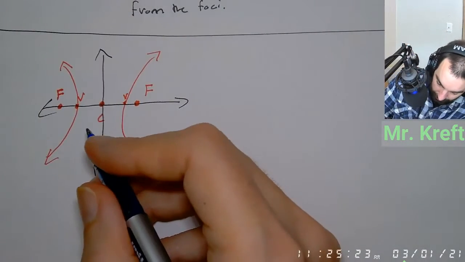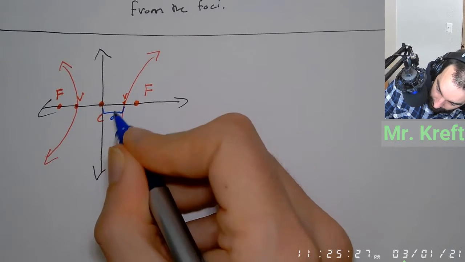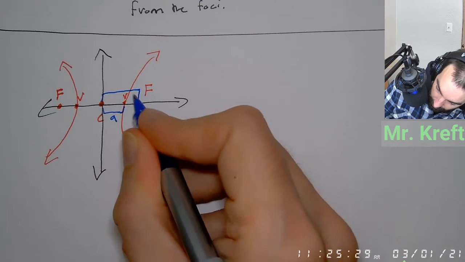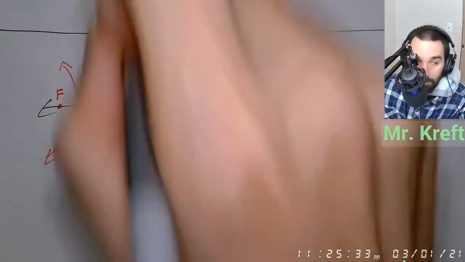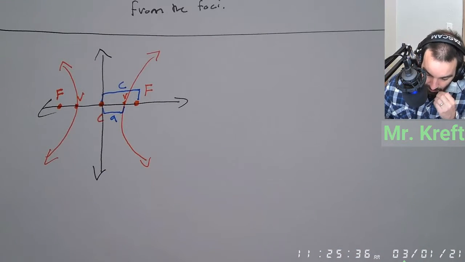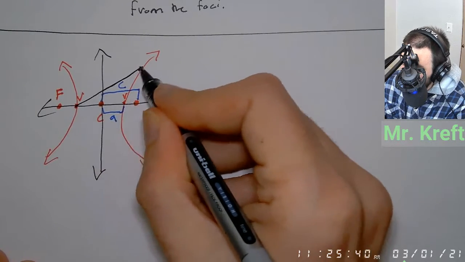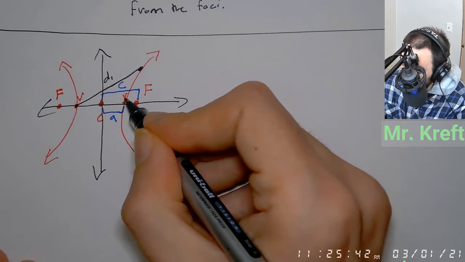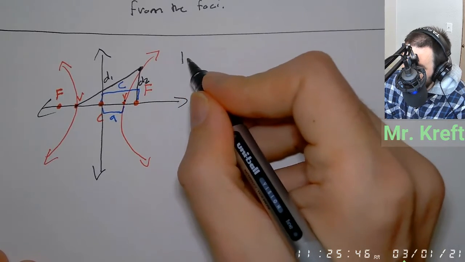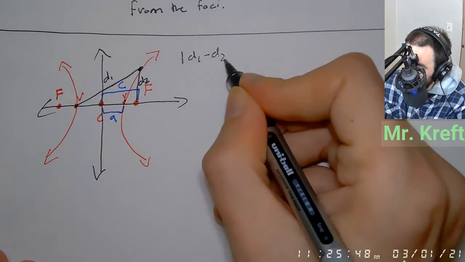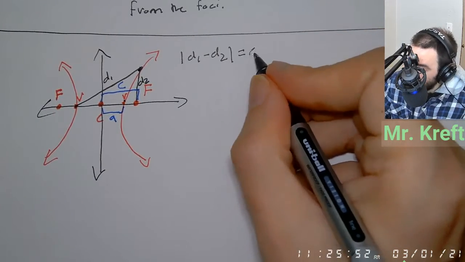If I identify some key things here, the distance from here to here is A, and the distance from here to here is C. And what we're saying is, if I pick some random point here, and this is D1 and this is D2, then the absolute value of D1 minus D2 equals a constant.